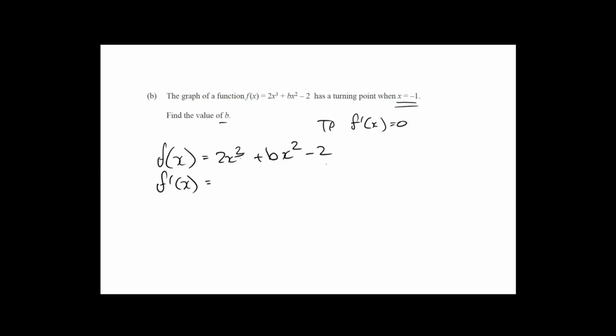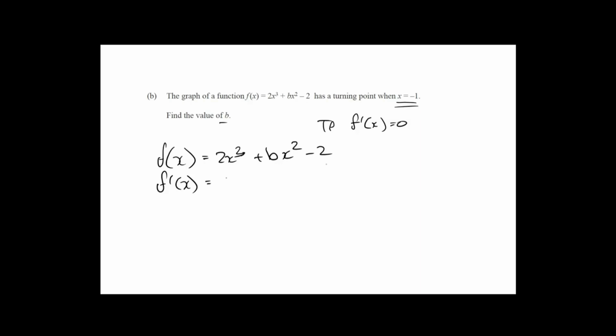We're about halfway through. The graph of the function f of x is 2x cubed plus bx squared minus 2. It has a turning point where x equals negative 1. Find the value of b. Okay, remember turning point? At a turning point f prime of x equals 0. So if we take the original function, 2x cubed plus bx squared minus 2, and we find the first derivative.